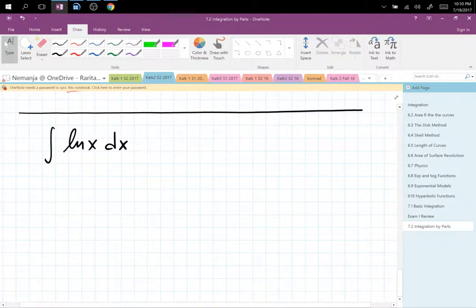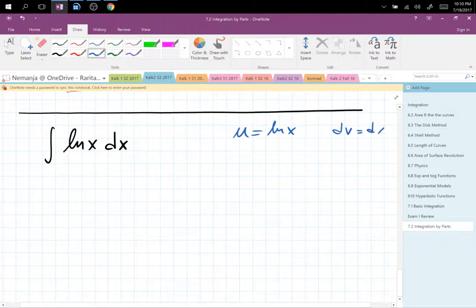Okay. Now we're going to use integration by parts to solve this problem. What should I pick as u? What should I pick as dv? Perfect. All right, so you just solved the problem for you.